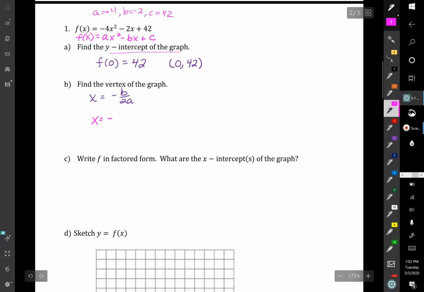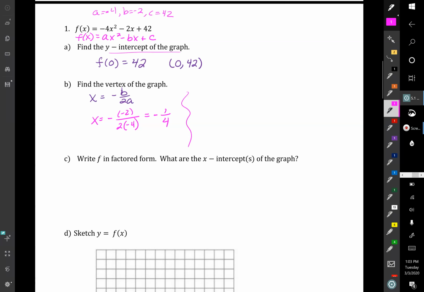So I get negative, and then negative 2, all over 2 times negative 4. So I end up with 2 over negative 8, which gives me negative 1/4 when I reduce everything down. And that just gives me my x value.